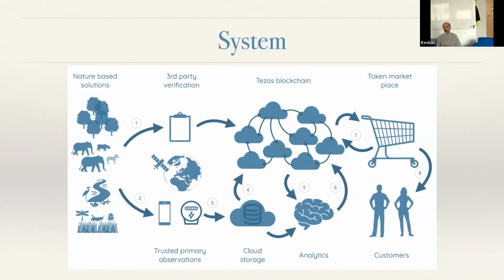And then the analytic engines, which are looking at the data, come up with analysis which indicates the number of credits that should be created, and then those are put back onto the blockchain as tokens or certificates. Those tokens are then used in the blockchain to create a marketplace where people can buy tokens, and in the end can bury them, which means they can't be used anymore. At that point, the offset has matched the emission.